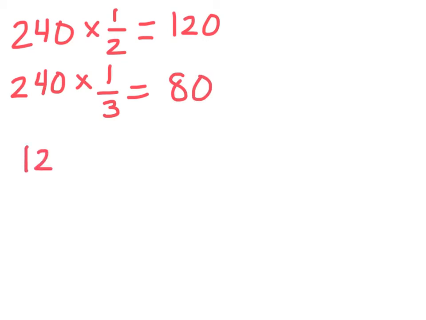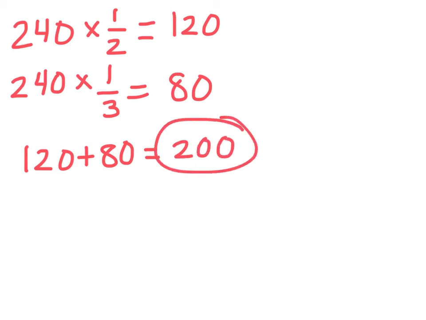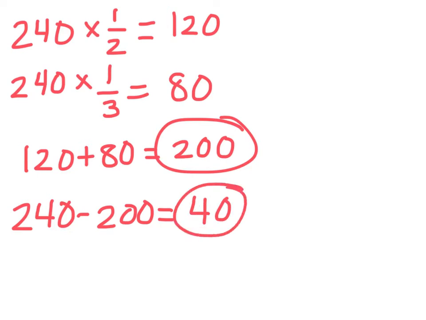So 120 plus 80 equals 200, and that tells us the amount of fruit sold. Once again, we'll take the original amount of fruit, 240 pieces, minus 200 sold, to get answer B, 40 pieces are left.